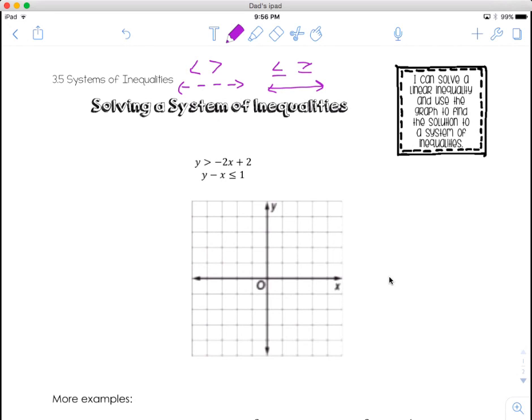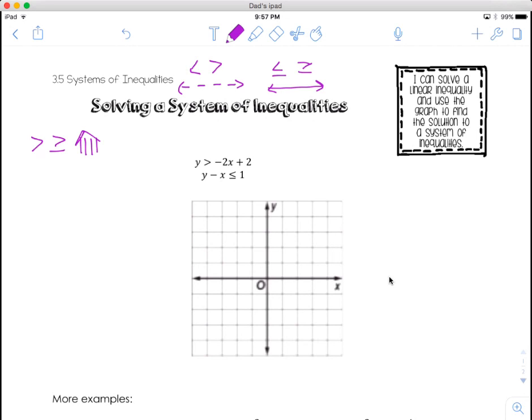Now, the other thing that we have to talk about is shading. So not only do we have to change the lines from dotted lines to solid lines, we also have to shade up or down depending on what we have. So if you have a greater than or a greater than or equal to, we shade up.